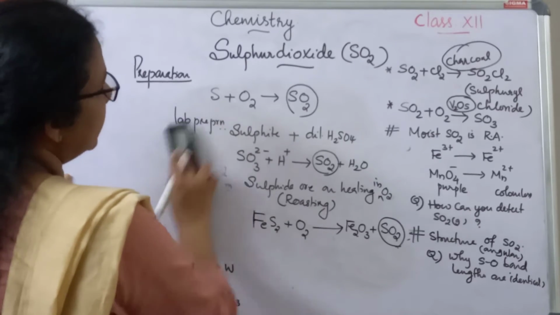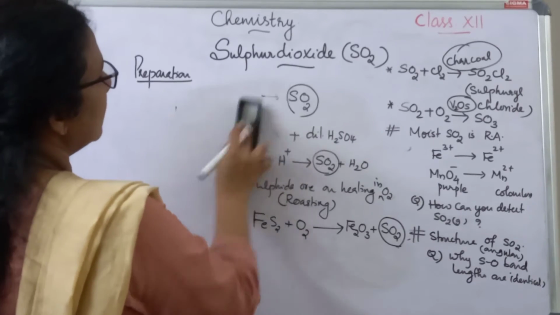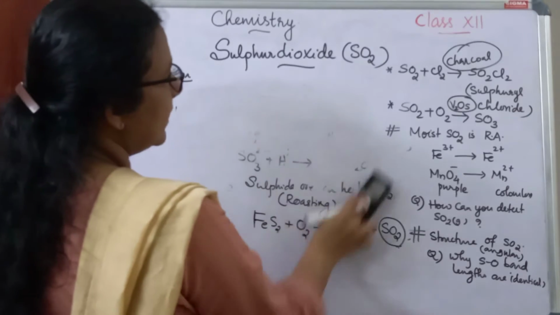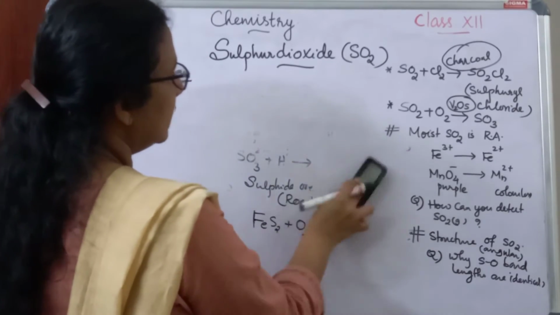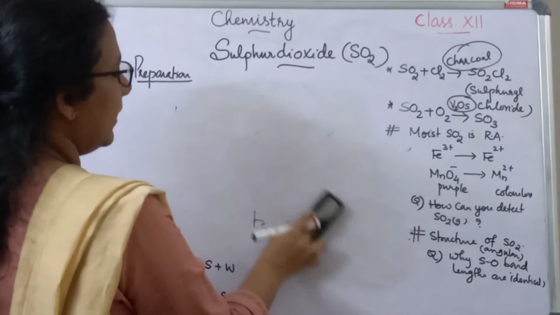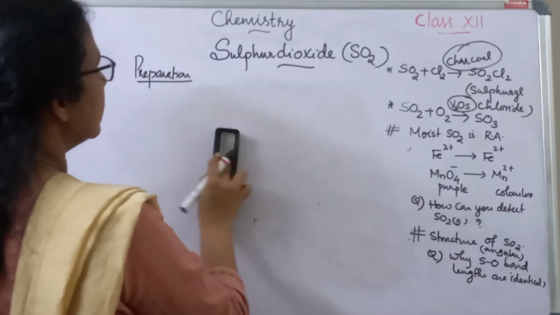Let's see the properties. First of all, let's see the physical properties. Physical properties: sulfur dioxide is a gas.